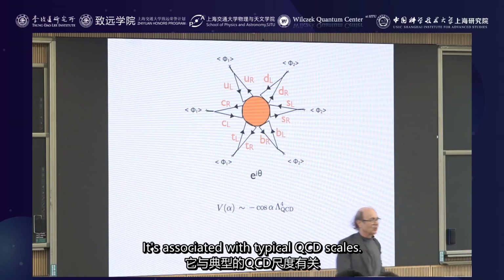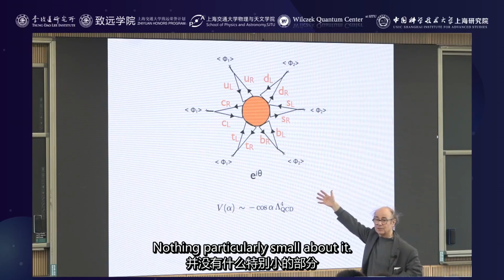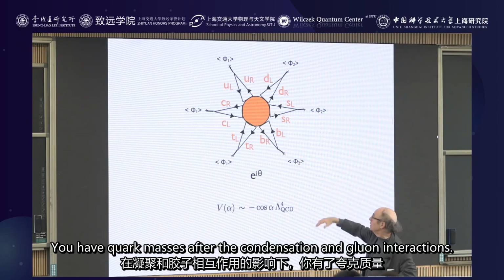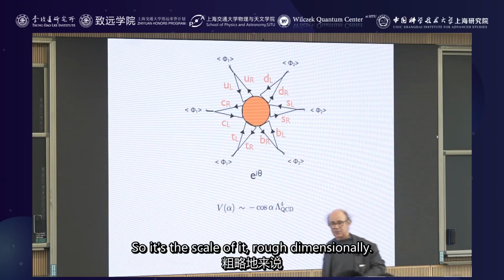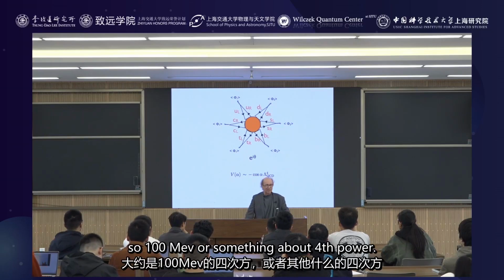And then it's associated with typical QCD scales. There's nothing particularly small about it. You have quark masses after the condensation and gluon interactions. So dimensionally, it's the scale of QCD to the fourth power. So 100 MeV or something to the fourth power.